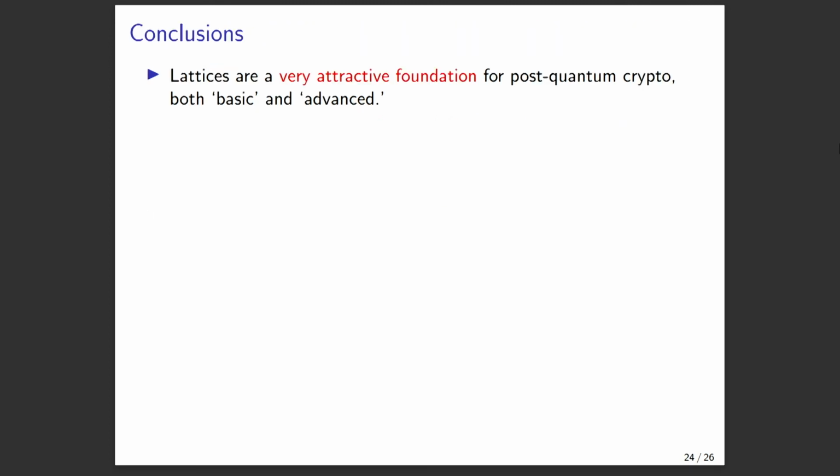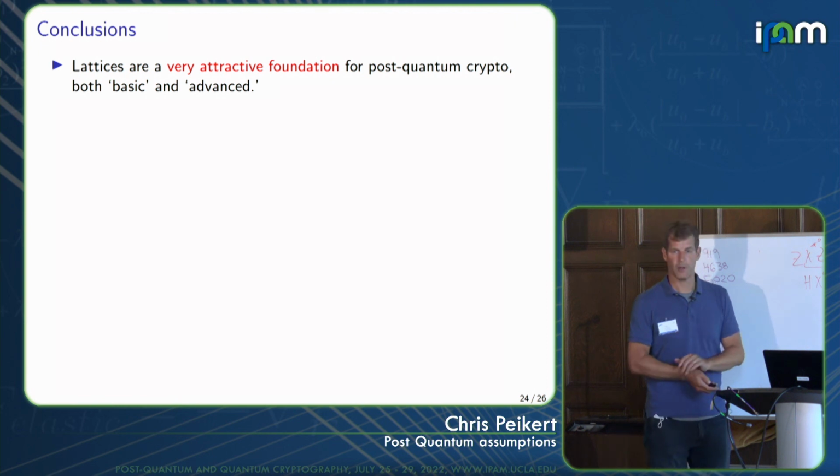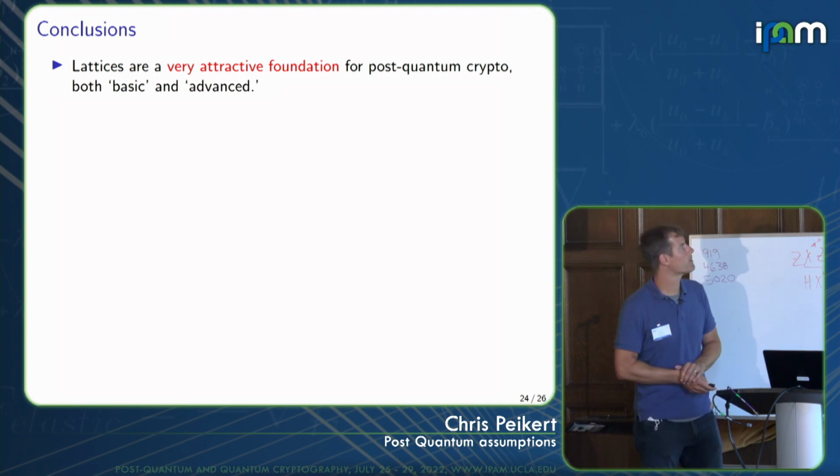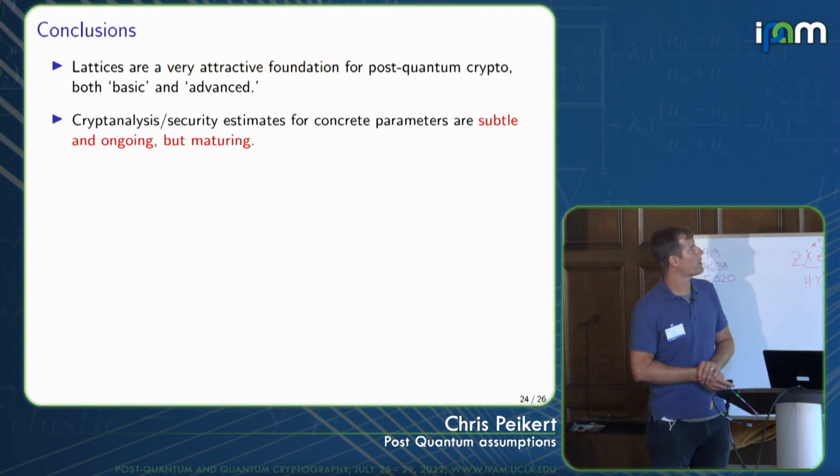To conclude, I hope I've convinced you that lattices are a really attractive foundation for post-quantum cryptography. We can do all the basic things, and we can do all kinds of great advanced things. And I didn't even talk about all the work that companies and research groups are doing on the advanced crypto side of this, but some really cool stuff is happening there.